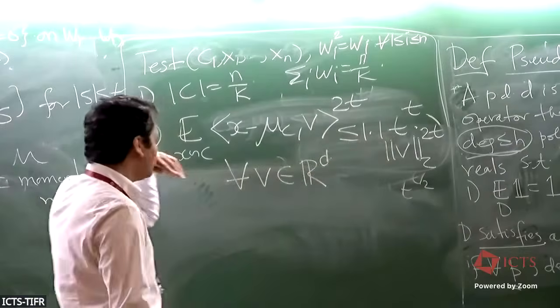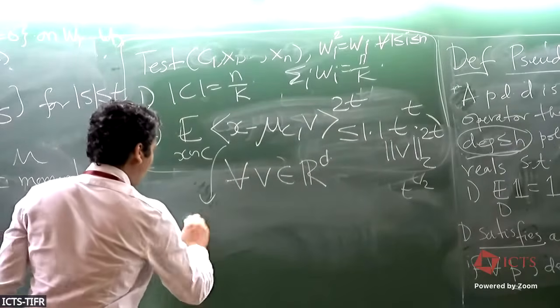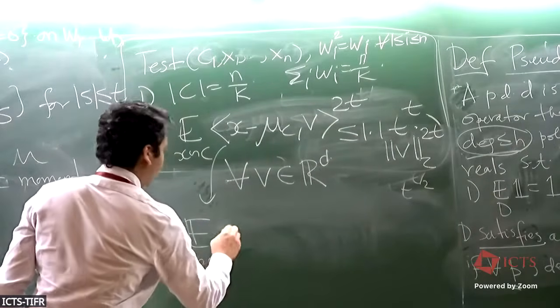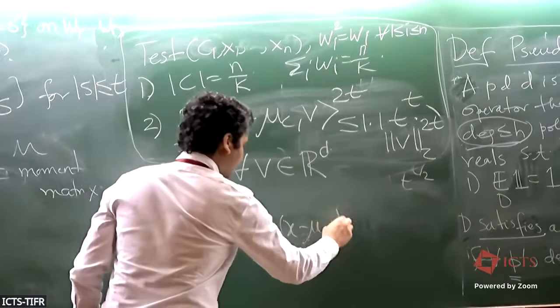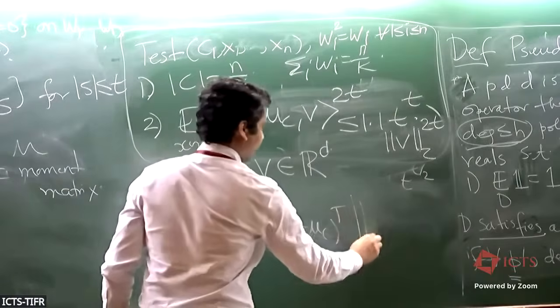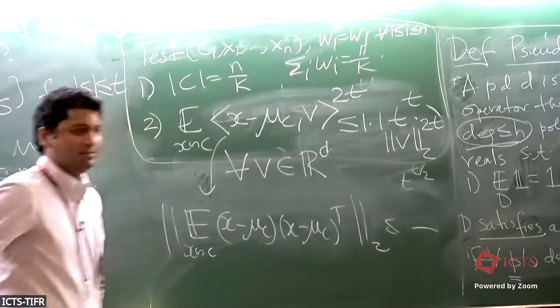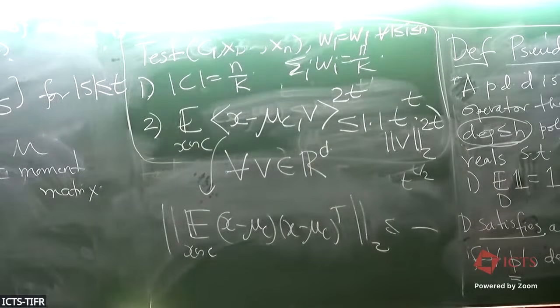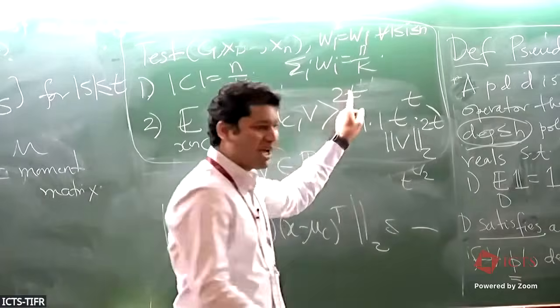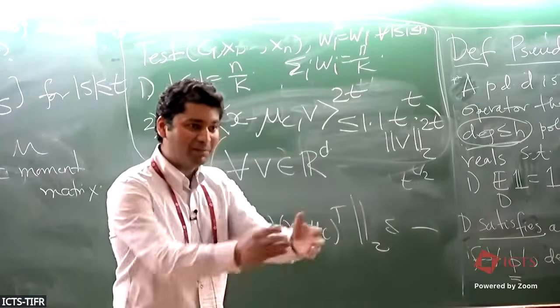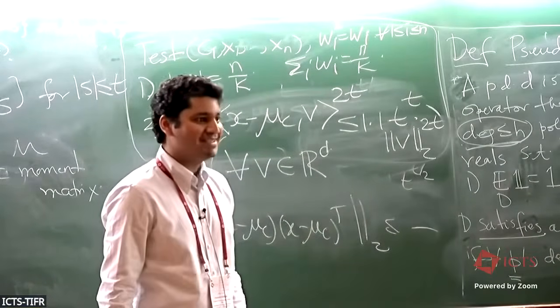It's equivalent to the operator norm of x minus mu c transposed being small. Okay? In general, this is not possible to do for higher moments. Not even with tensor products. Why not?